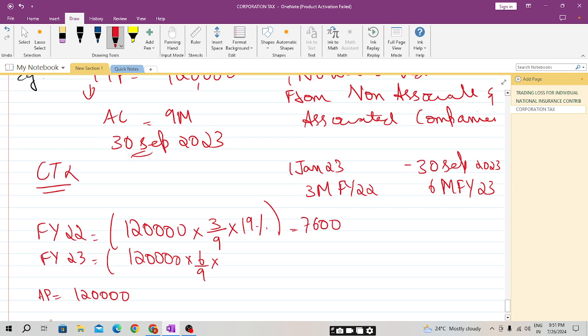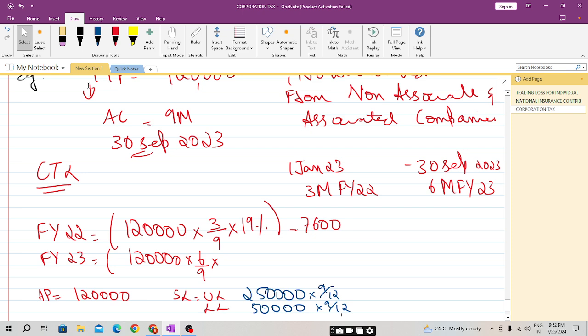Now we need to compare this with the statutory limit. The statutory limit is divided based on the short accounting period or the number of associated companies. Here we have a short accounting period, so it will be apportioned.